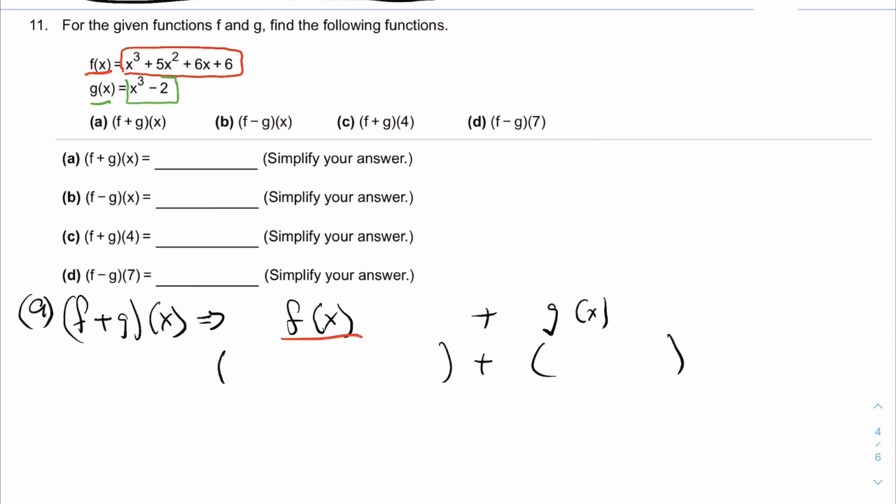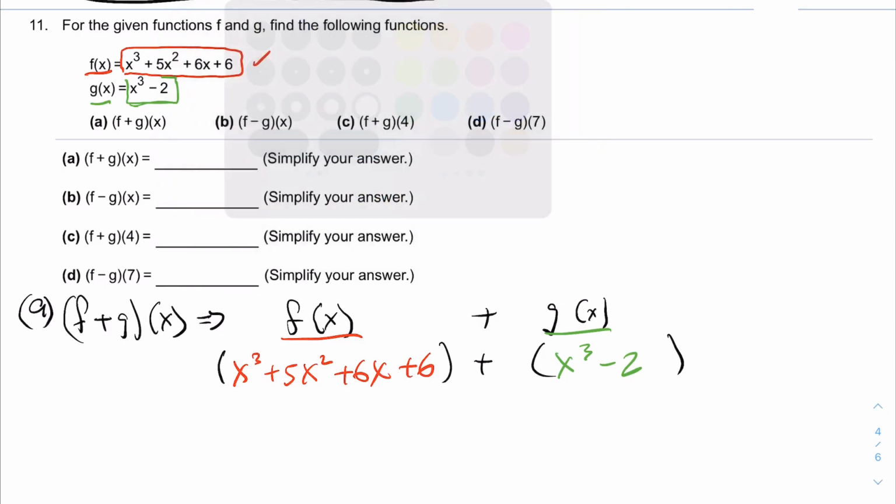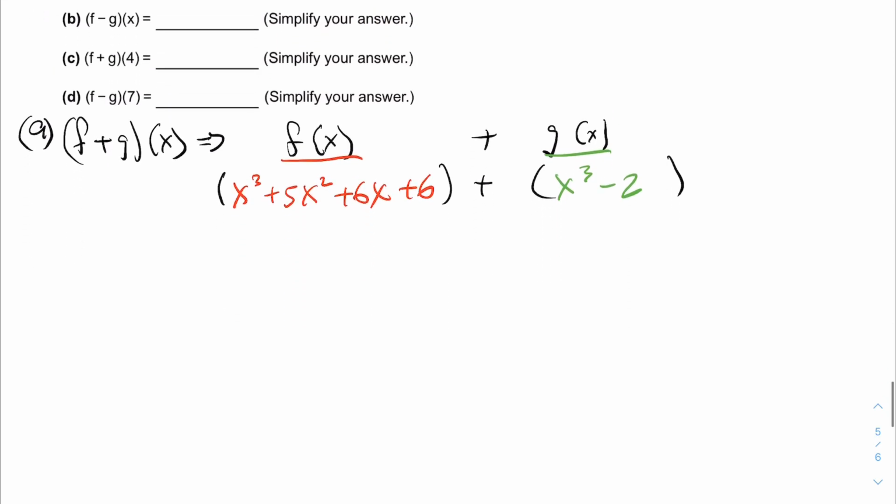The f of x function is up here in red, which is x cubed plus 5x squared plus 6x plus 6. And the g function is right there in green, which says x cubed minus 2. Now all we have to do is combine like terms.